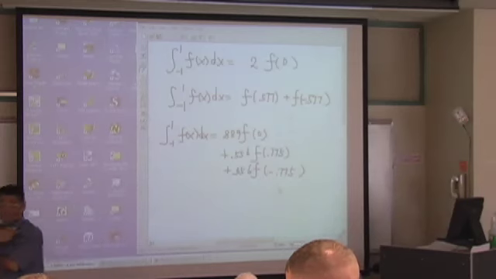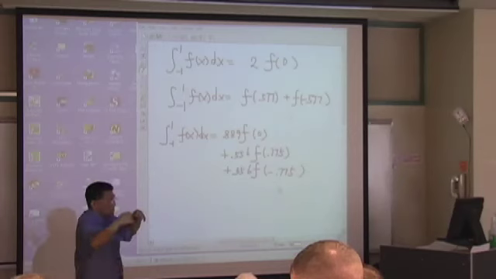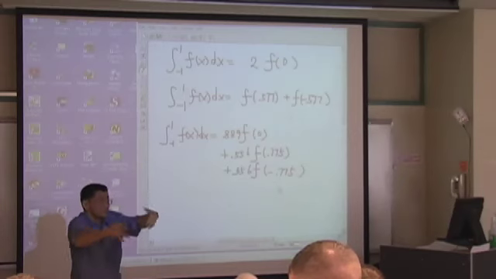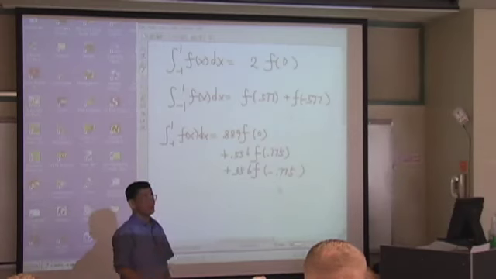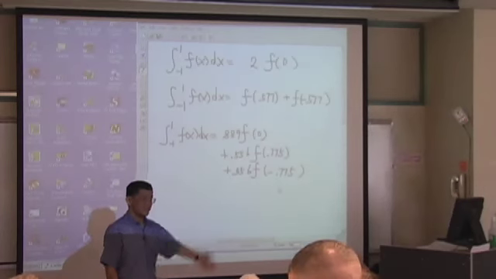In other words, it's very cool. You're asked to integrate, and you don't even consider doing integration. You just add a few numbers and then say the answer. Amazing, very close, right?